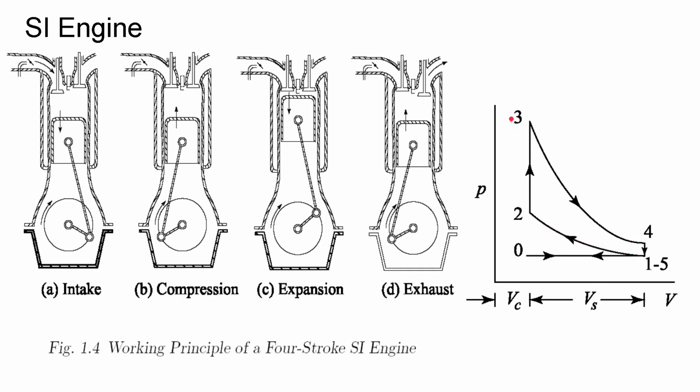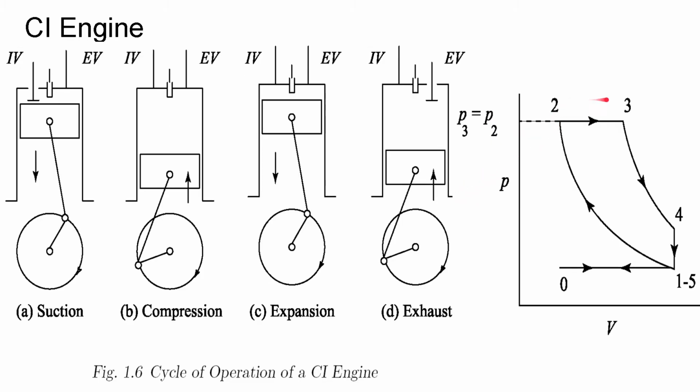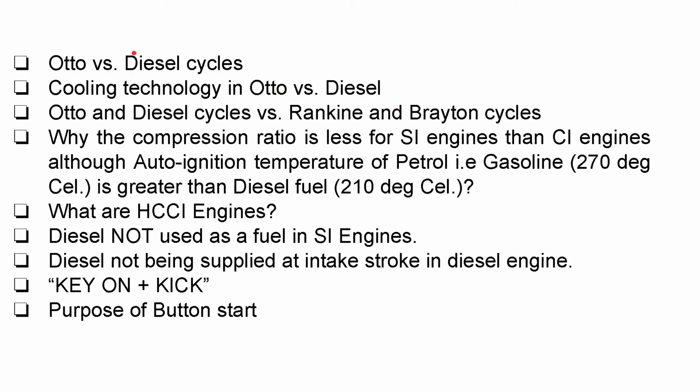While here we are adding the heat, giving the fuel, in a constant pressure process. So the diesel cycle is a constant pressure heat addition process, while the Otto cycle was a constant volume heat addition process.